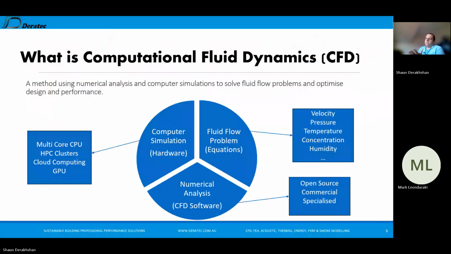So maybe, what is CFD? Let's just review, as maybe someone watching or hearing doesn't know exactly what CFD is. CFD is computational fluid dynamics, a method using numerical analysis. You have numerical analysis in different fields, especially nowadays with virtual reality or gaming, which is numerical analysis because we are modeling the real world in a virtual world.